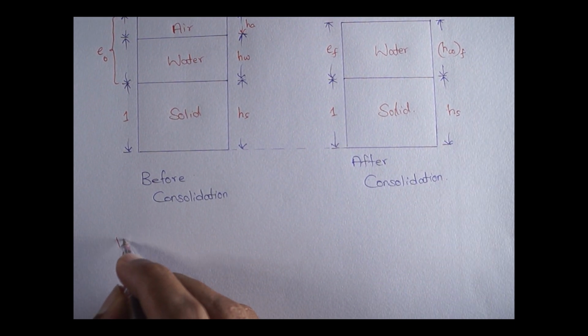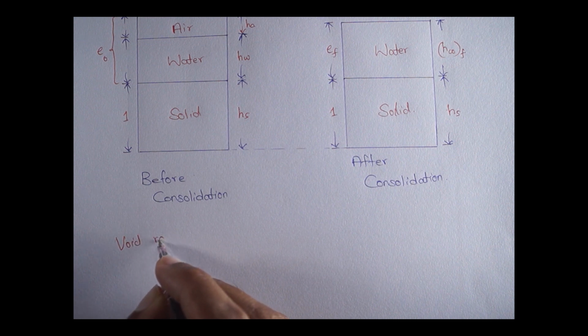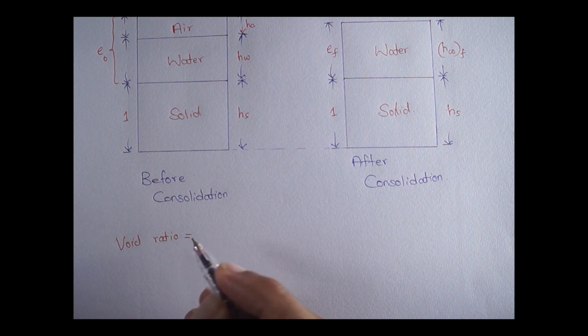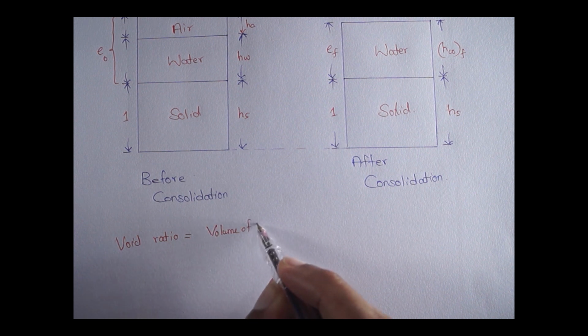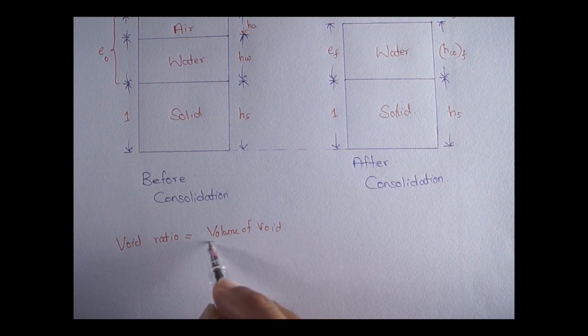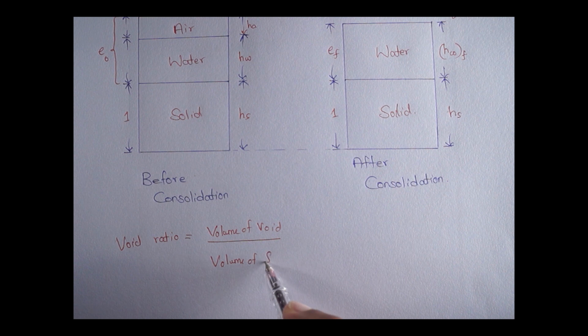So we know that void ratio is equal to volume of voids over volume of solid.